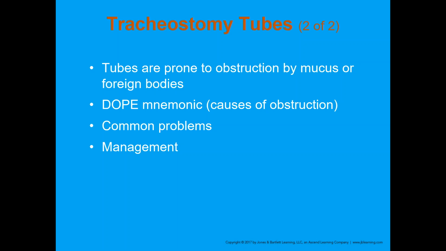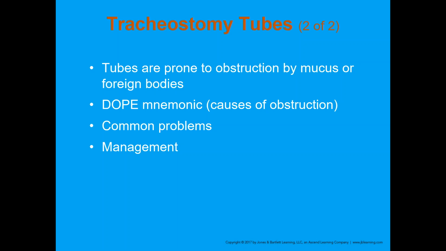Did they have something cause that? Or equipment, is the vent even working? Because most of these folks are obviously on vents. Turn it off, turn it back on, disconnect it for a second, see if it's working. If all else fails, you put our own BVM on there and bag them.